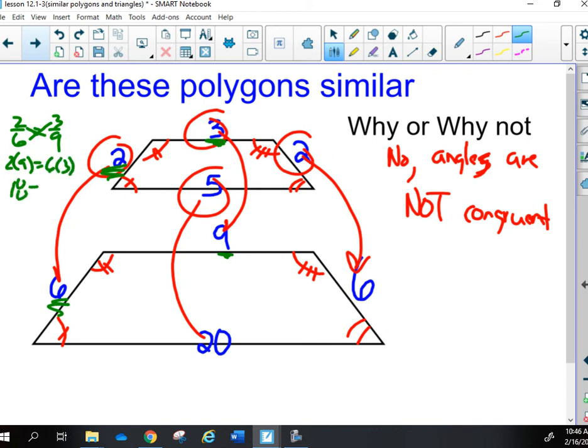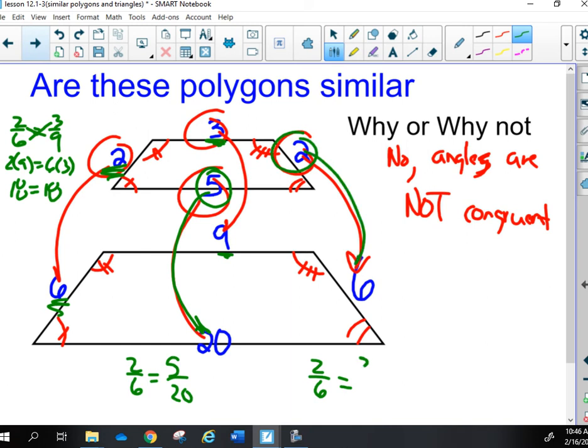I got 18 equals 18. Now that's not good enough yet because I still have this 5 and this 20. How about if I do 2 over 6? I always want to keep one ratio the same. 2 over 6 equals 5 over 20. And then I still have 2 over 6 equals 2 over 6.